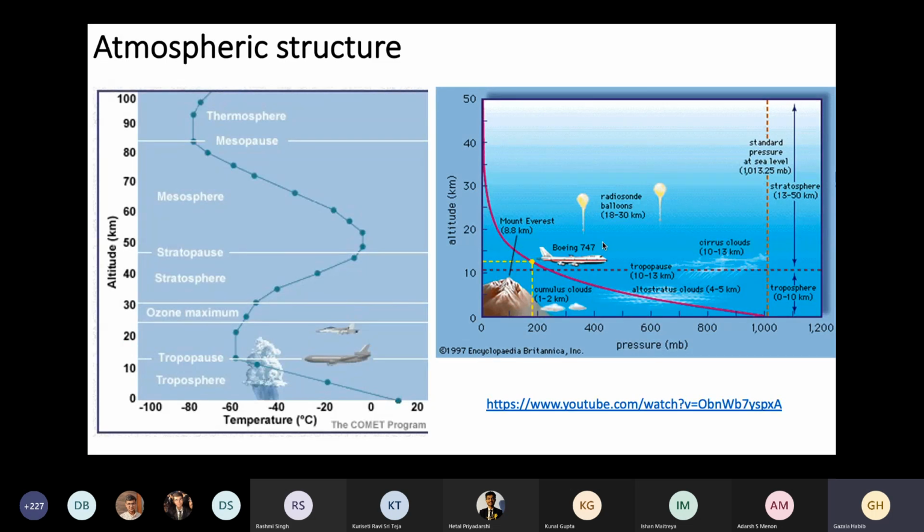Now it's clear, no? Now, after knowing the wind pattern, we should also know about the atmospheric structure. So this is the atmospheric structure. On the left hand side you can see the layers: troposphere, stratosphere, mesosphere, thermosphere are shown, 2, 3, 4, but there are other layers.